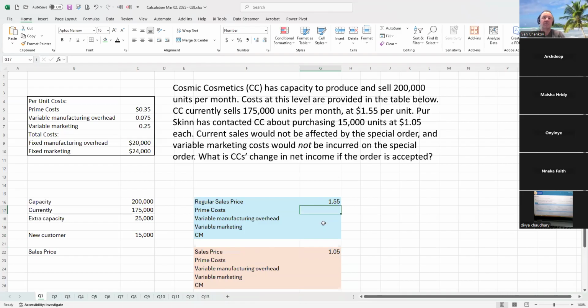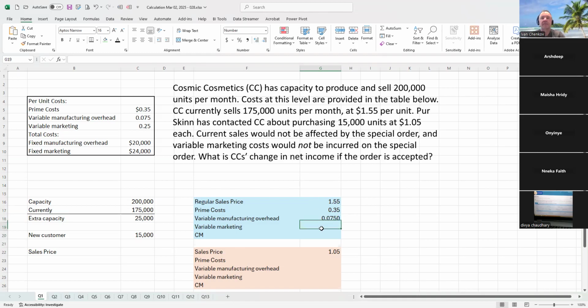So in the normal operating cycle, what's our prime cost? Direct labor, direct material, but how much is it? Yeah, that's the prime cost, 0.35. Variable manufacturing overhead is 0.075.